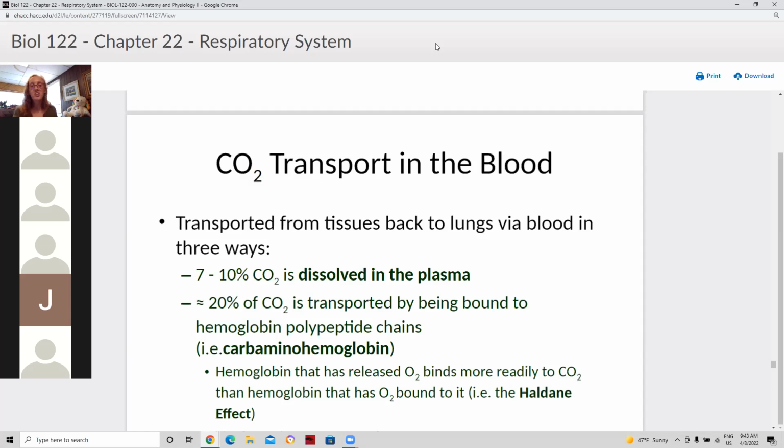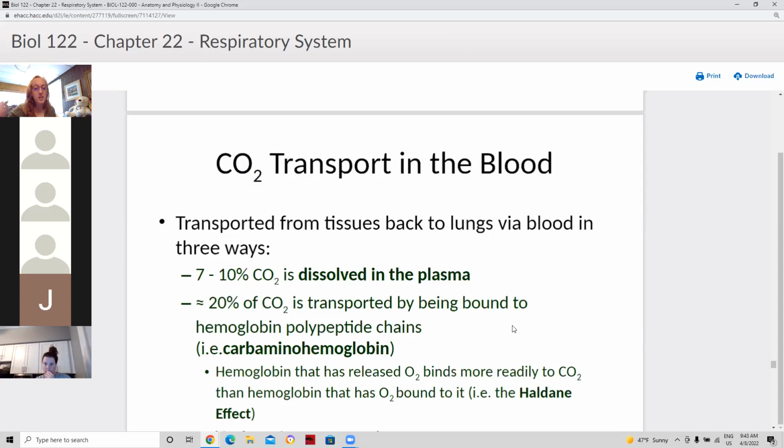Okay, let's jump back into this. Carbon dioxide transport in the blood. It's transported from the tissues back to the lungs via the blood in three ways. 7 to 10% of it will be dissolved in the plasma.